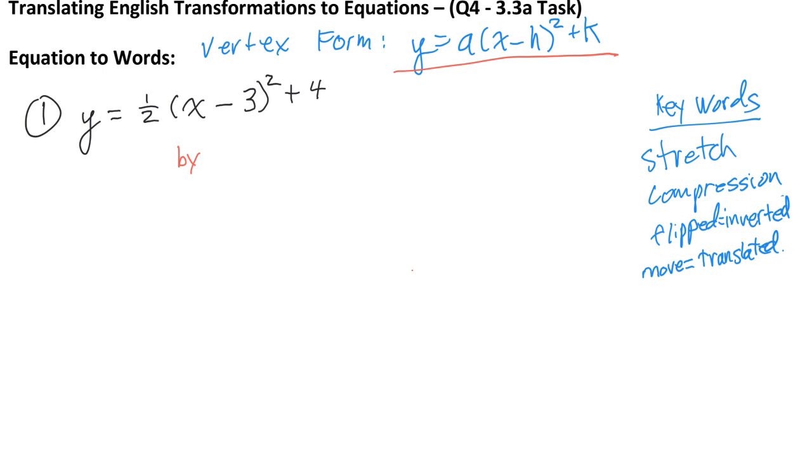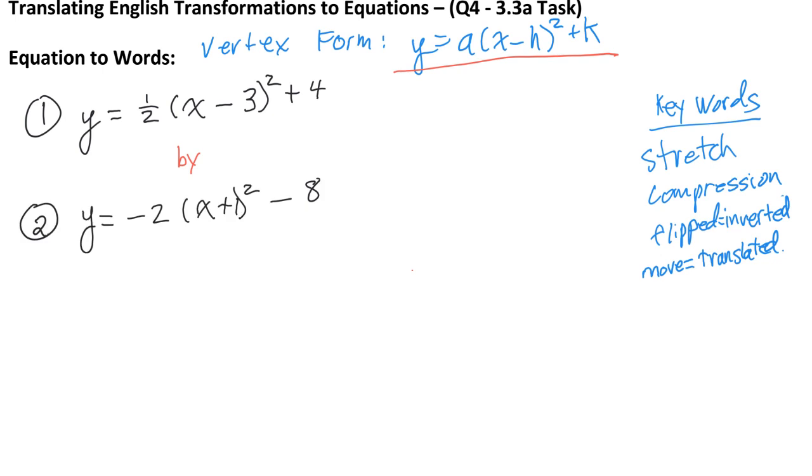So you'd say this parabola is compressed by 1/2 and it's translated 3 to the right. And then finally, in green here, I'm going to underline this part and translate it up 4.